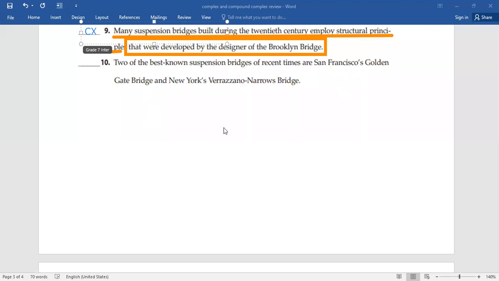Two of the best known suspension bridges of recent times are San Francisco's Golden Gate Bridge and New York's Verrazano Narrows Bridge. All right, let's hear, please, from Mark.